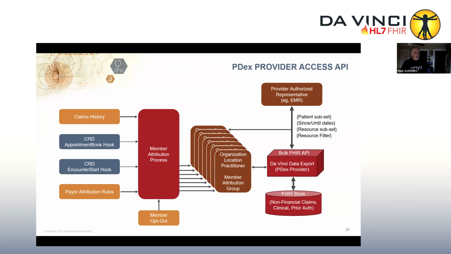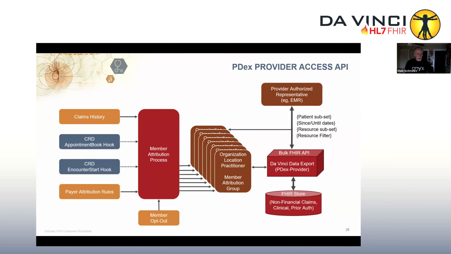So the net result of those attribution lists is to create, in FHIR terms, a group profile that will have the list of every member. And the provider or their authorized representative, which may, for example, be their EMR, will be able to query for one or more of those attribution lists. And then using that attribution list, we'll be able to make queries through what we're calling the Da Vinci data export operation to retrieve the data that they feel is relevant to support their interaction with the patient.